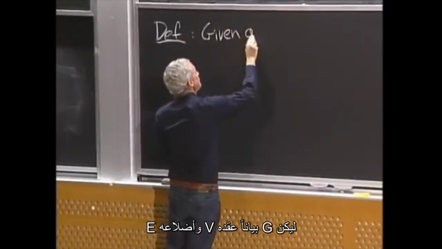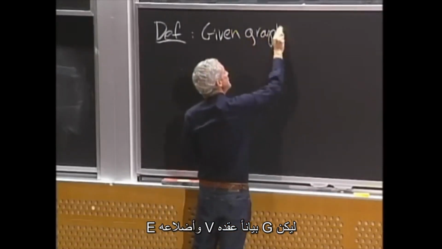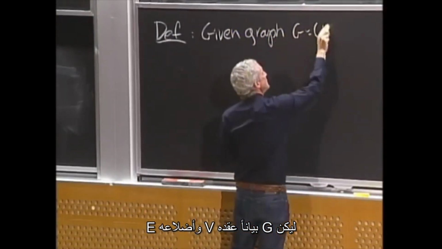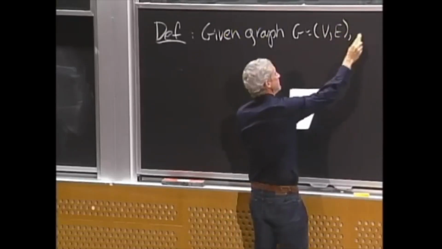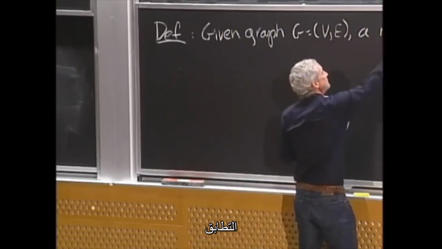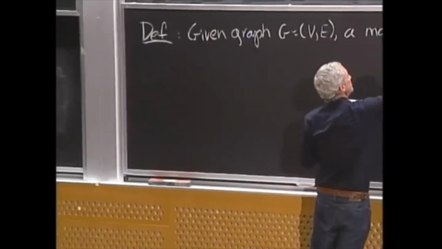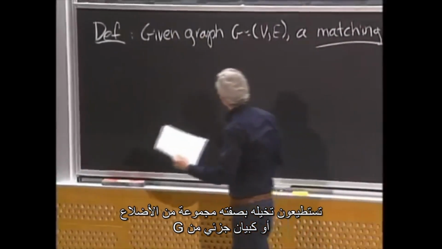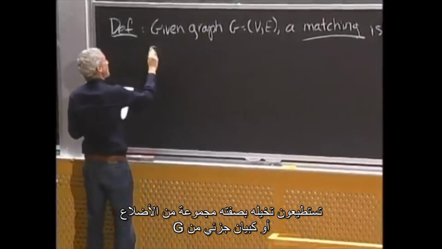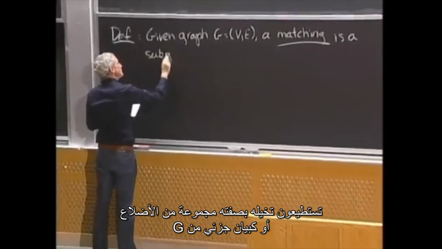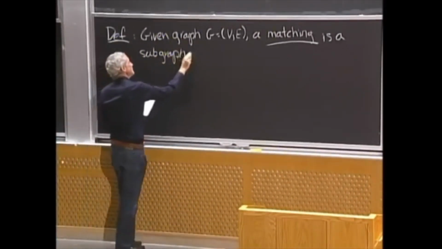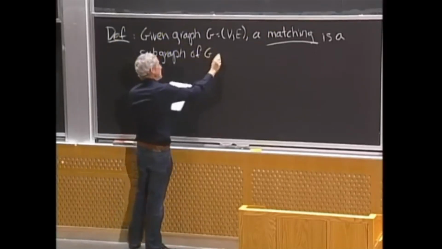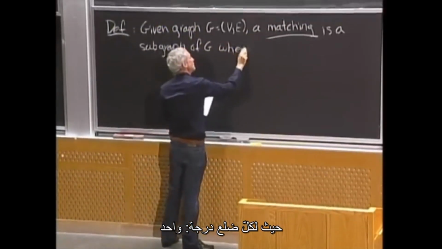Given a graph G with nodes V and edges E, a matching you can think of as a collection of edges or a subgraph of G where every node has degree 1.